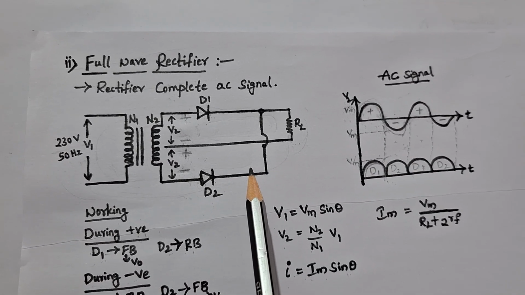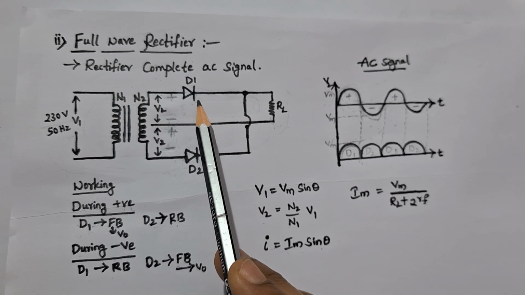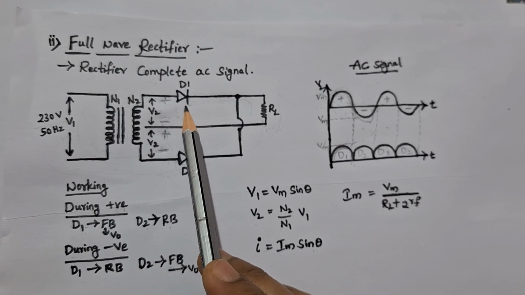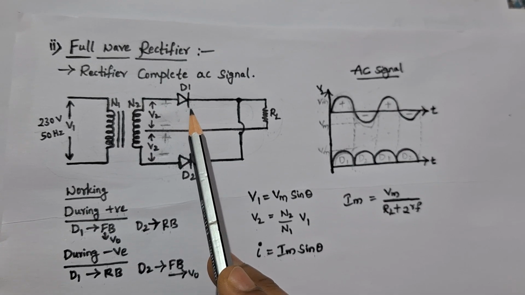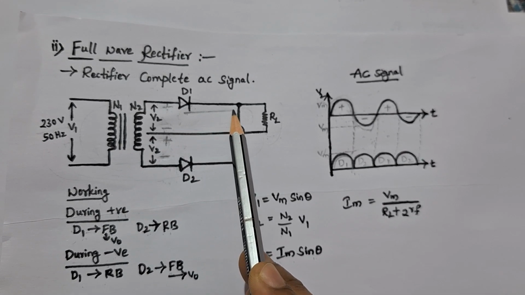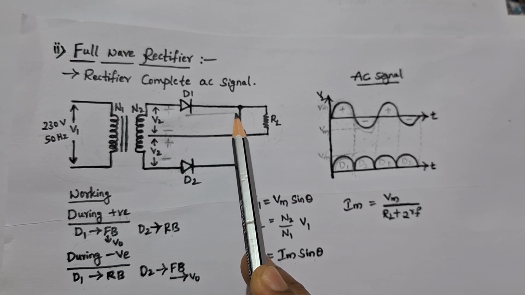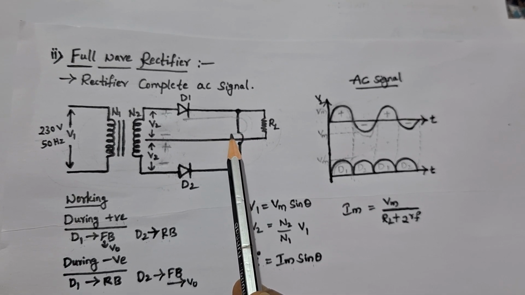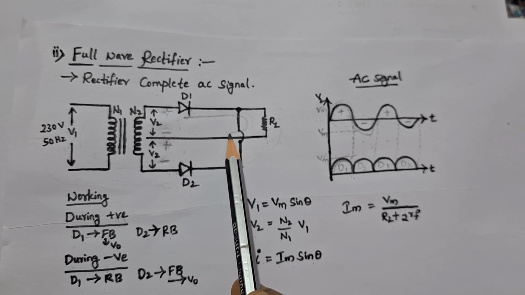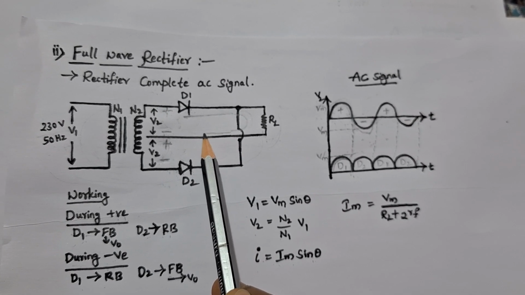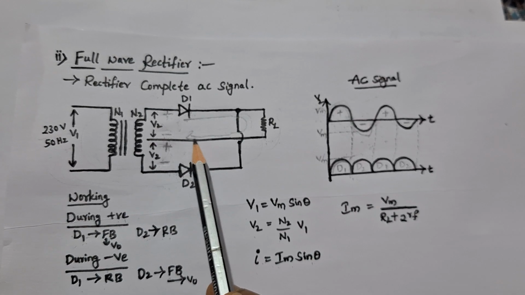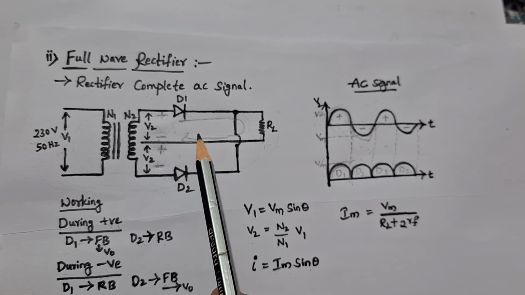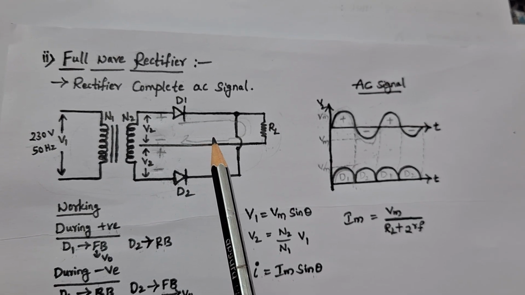Now D1 will conduct in forward bias condition, so current will flow in the circuit and pass through the load resistance, and we will get the output voltage due to the forward bias condition of D1.